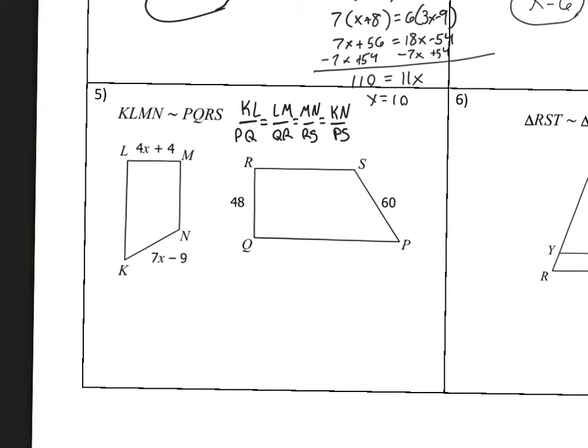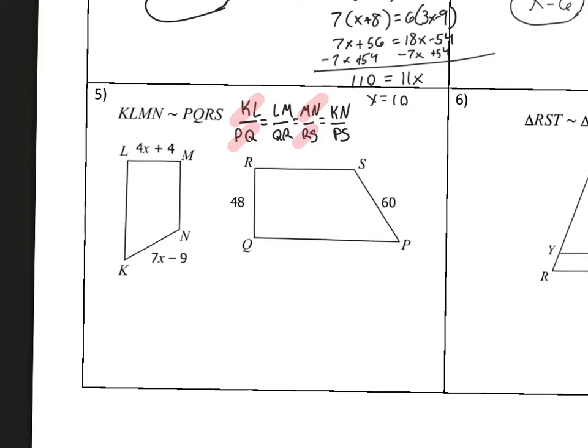All right, let's fill out the ones that we know. We don't know what KL is. We don't know what MN is. We don't know what PQ is. And we don't know what RS is. So we're going to fill out LM, QR, KN and PS.